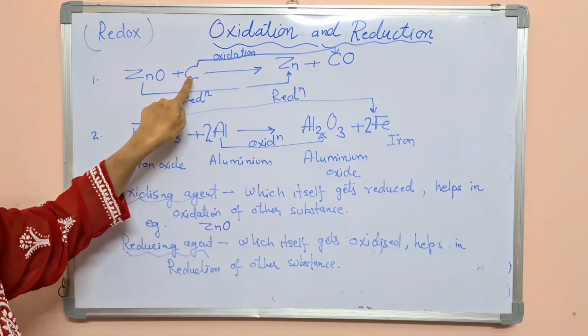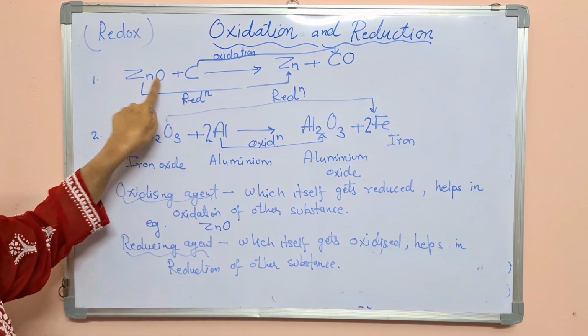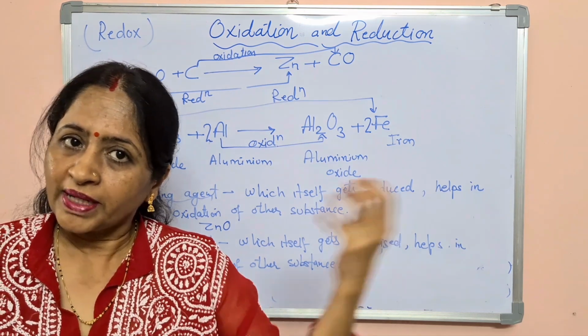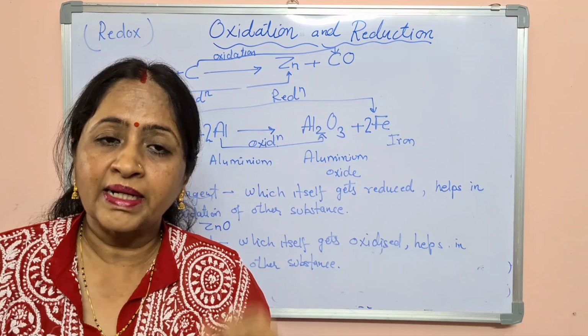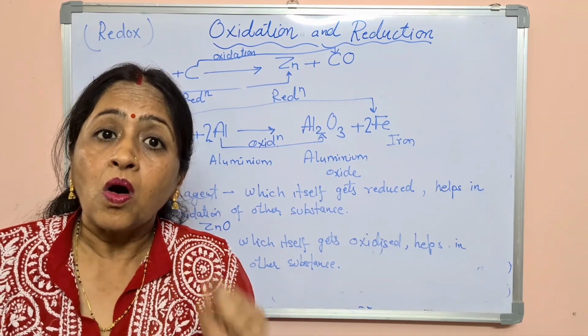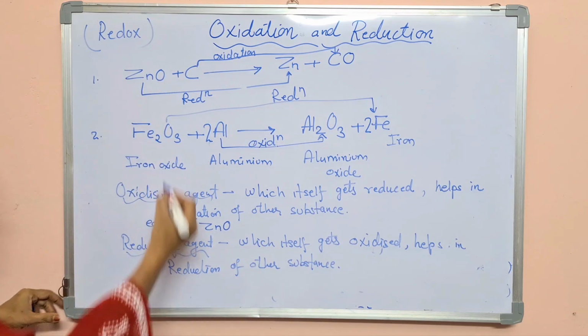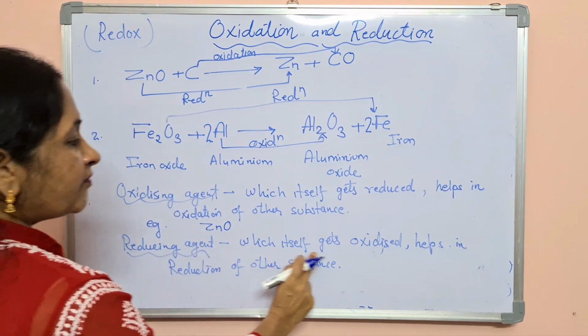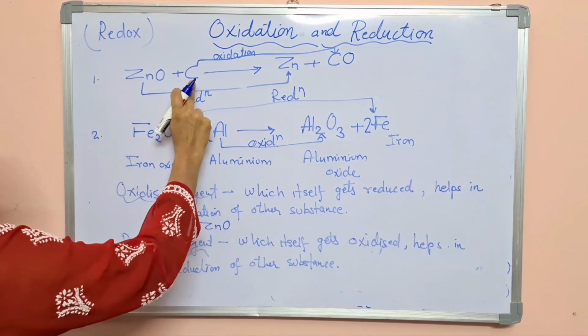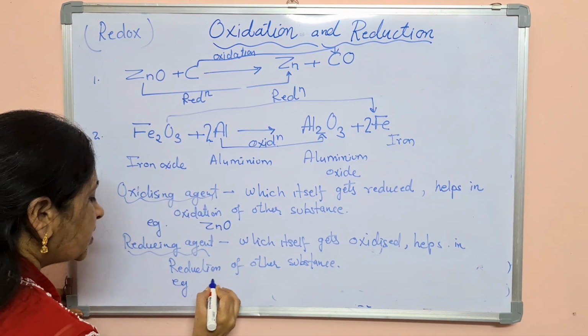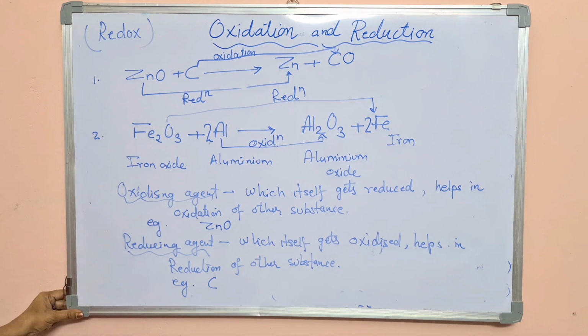If it gets oxidized, it means it helps zinc to be reduced. If carbon is ready to take the oxygen, it means that it forces zinc oxide to release oxygen. So that is why, here the reducing agent, which itself gets oxidized, is carbon.